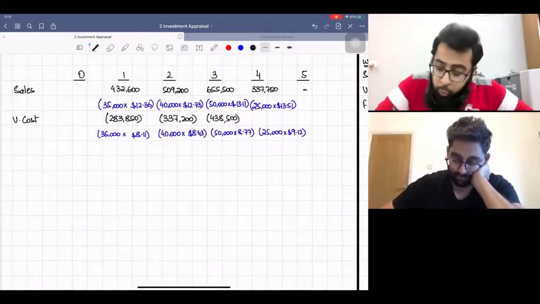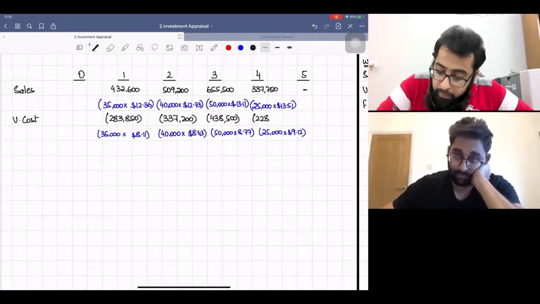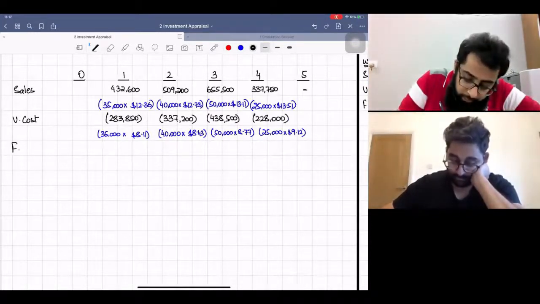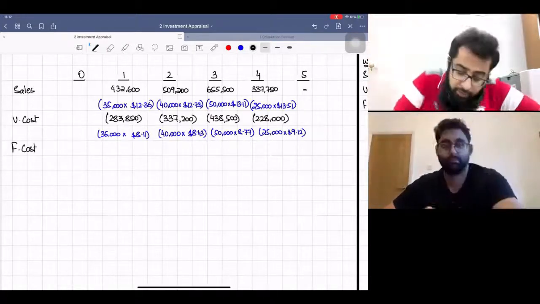And then 228,000. Okay, so this is the sales variable cost, and then we put the fixed cost element.